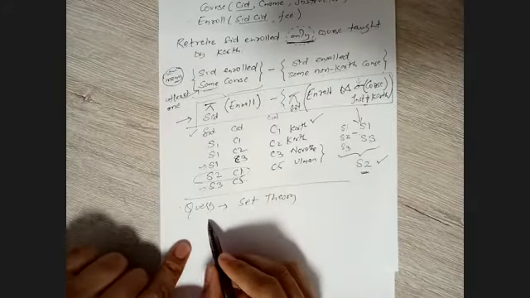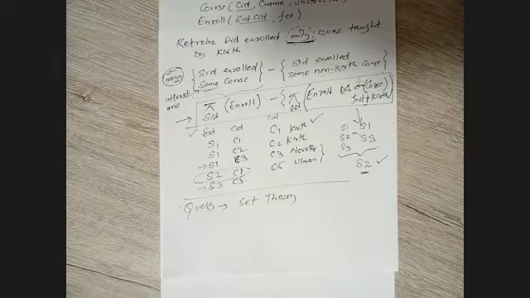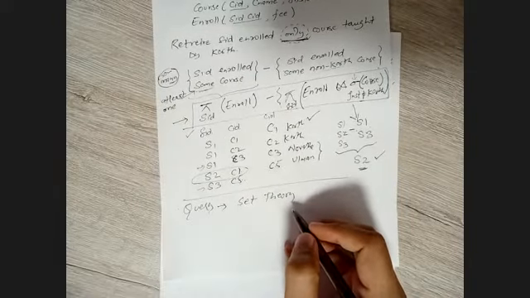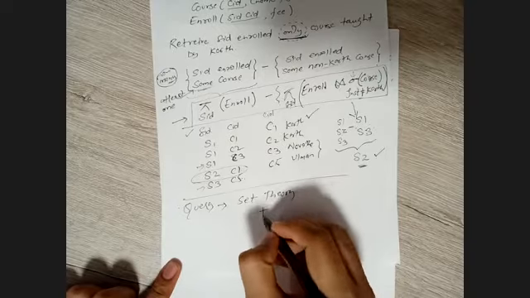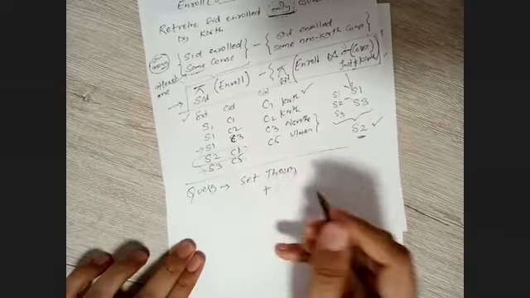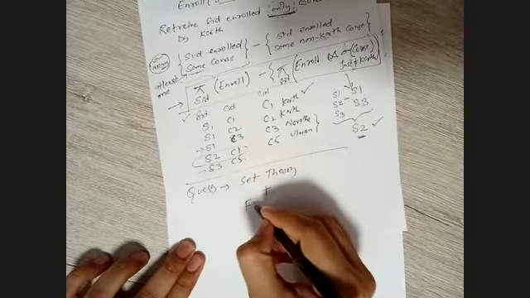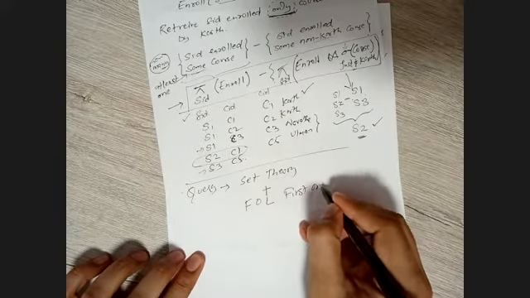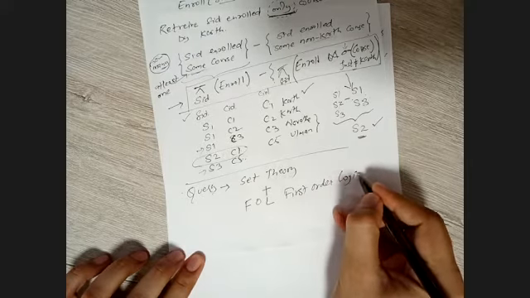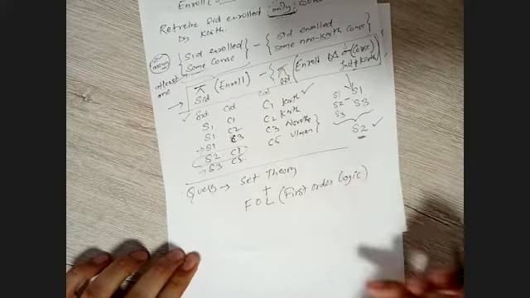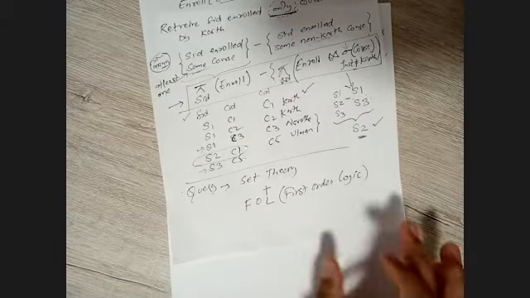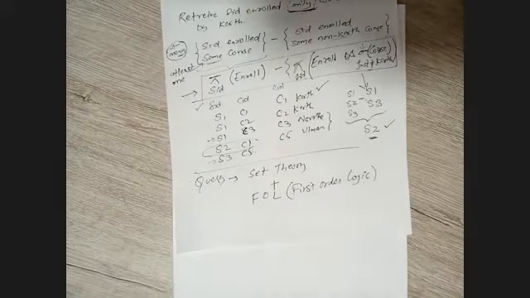So in the query part, one of the important parts is set theory, which is a must. The other thing, along with set theory, is that you should have the knowledge of first order logic, FOL. In first order logic, you should be familiar with the quantifiers, that is, there exists and for all.